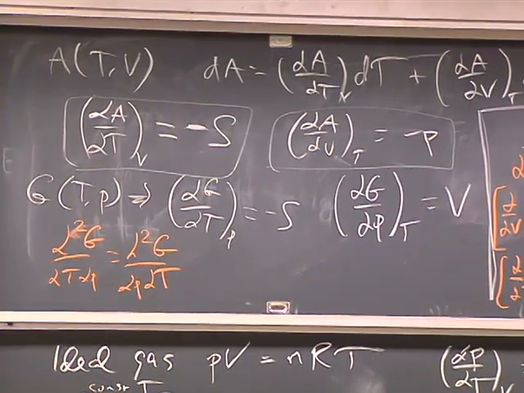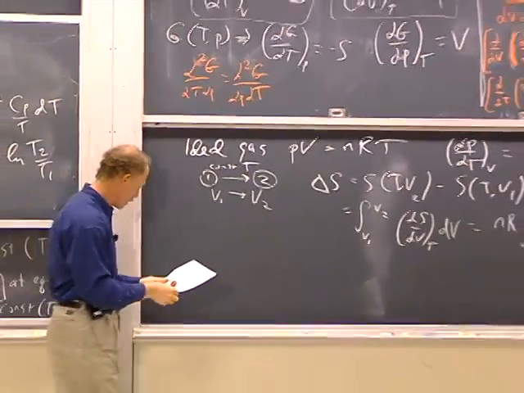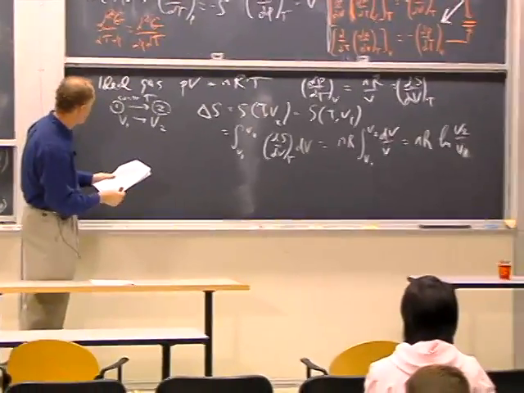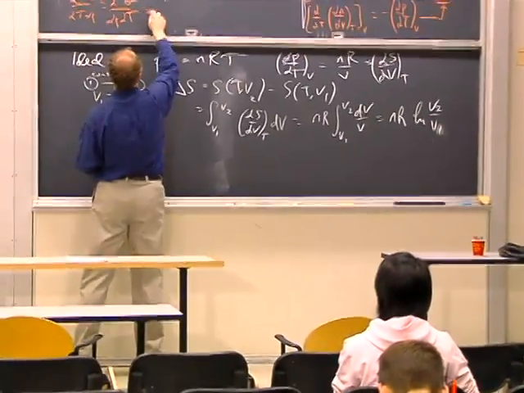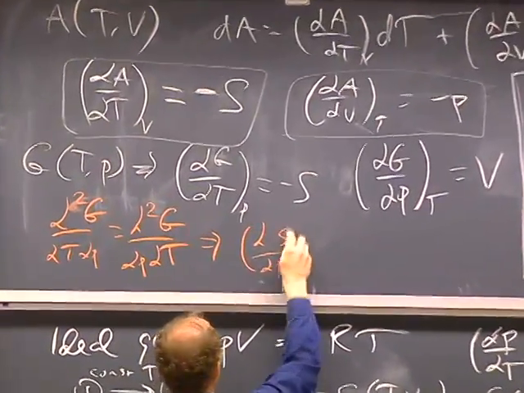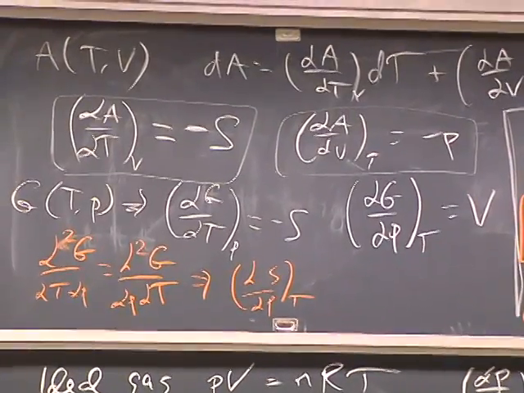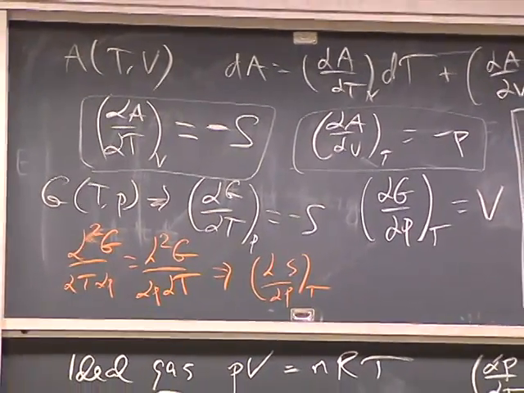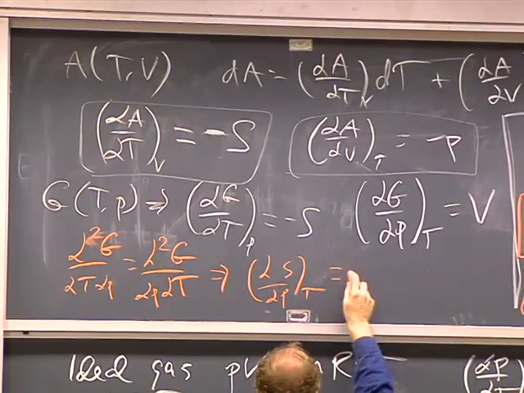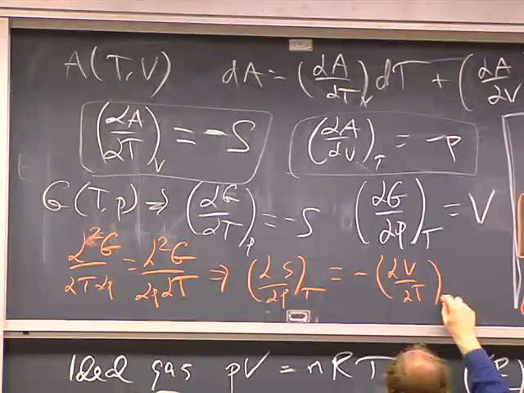In other words, the order of taking the derivatives with respect to pressure and temperature doesn't matter. Right? And what this will show is that dS/dP at constant temperature, here we saw how entropy varies with volume. This is going to show us how it varies with pressure, is equal to minus dV/dT at constant pressure.